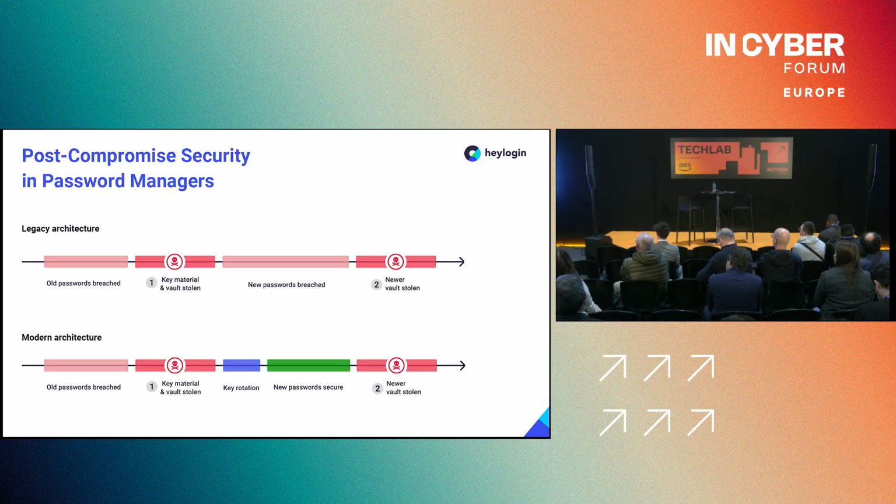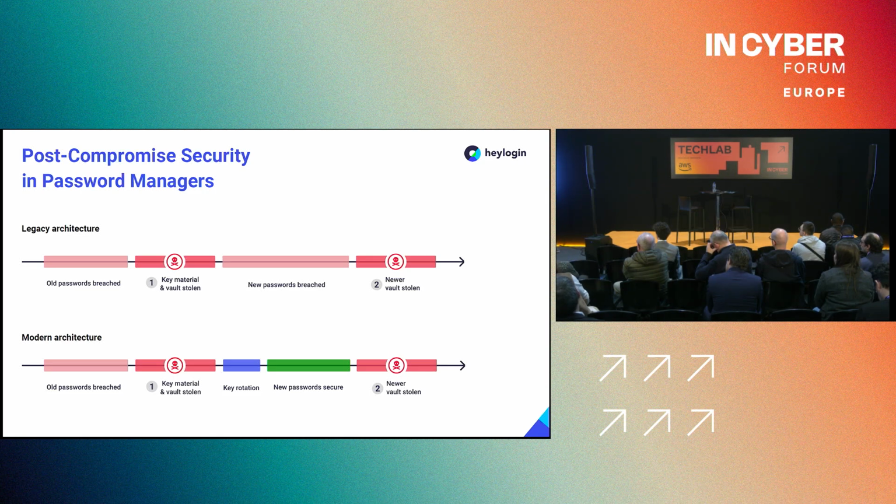And if you find out that this happened, you change your master password, and you probably also change all the passwords on all websites. Even if you do that, the new passwords inside your vault are compromised again, because the old master password can still decrypt the vault. So that's bad.